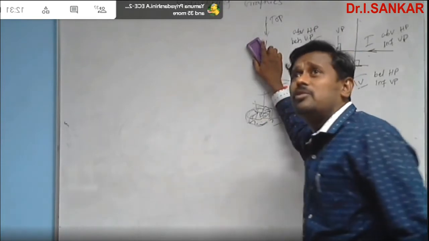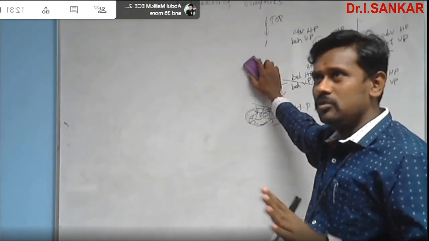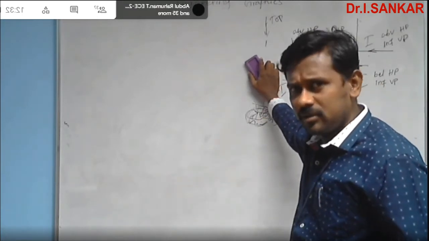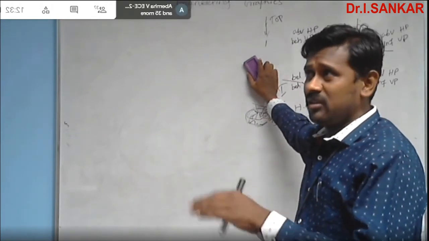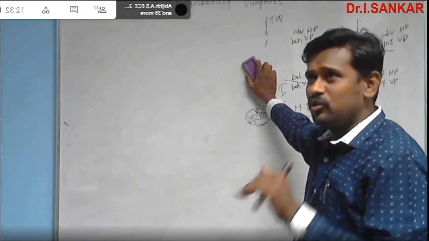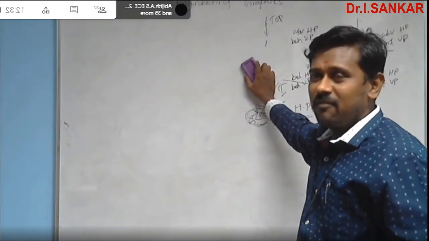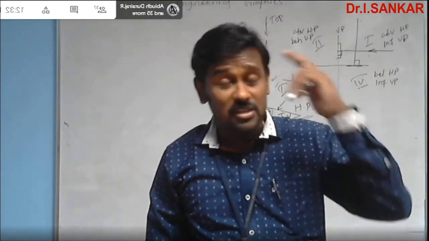Maybe you have some doubt. So these things are okay: front view, top view, horizontal plane, vertical plane. How to draw them on the paper? What to draw on the paper? Whether I need to draw the horizontal plane and vertical plane on the paper just like on the board? These questions may be with you. Time by time I will explain the things: what actually you are going to draw on the paper, and what actually you are going to imagine in your brain.